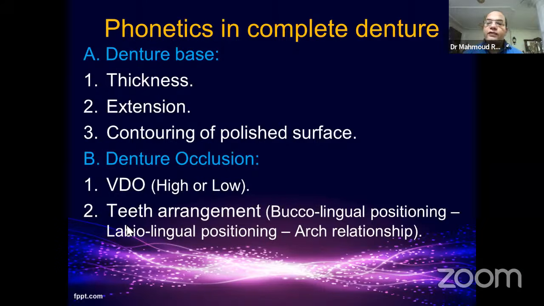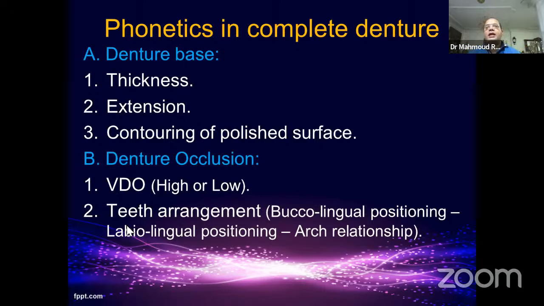Buccolingual positioning of posterior teeth is also important. Here we prefer to set the teeth in the neutral zone, the area where we have a balance between the muscles of the tongue inside and the muscles of the lips and cheeks outside. Encroaching on the tongue space is also a very common problem.